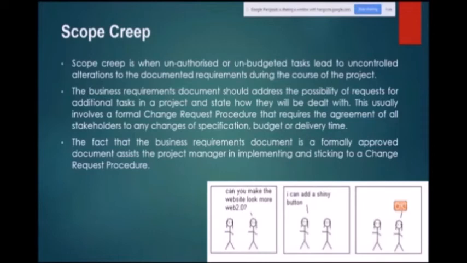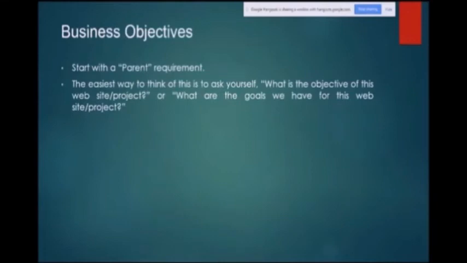So we should have our BRD evolving, because the document should also suggest if there is any change, how the change should be brought to the notice of the stakeholders and the service provider. So there should be a procedure for that also. So the change request procedure requires the agreement of all stakeholders to any change of specification, budget or delivery time. The fact that the business requirement document is a formally approved document assists the project manager in implementing and sticking to the change request procedure. That is what scope creep is.